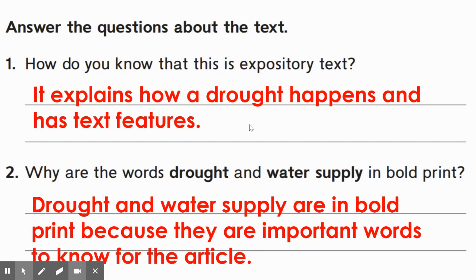We can answer that this way. Drought and water supply are in bold print because they are important words to know for the article. The author is telling us that they are important, so he or she is making them bold to draw our attention to them. Press pause and play again when you're ready to continue.